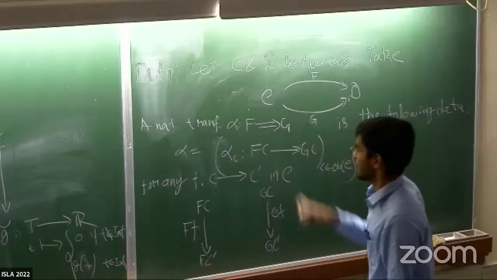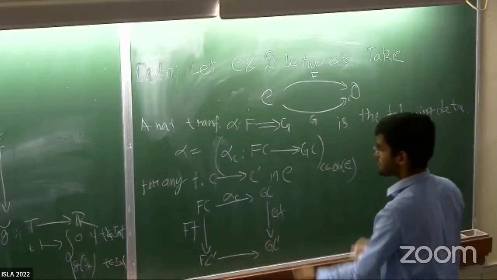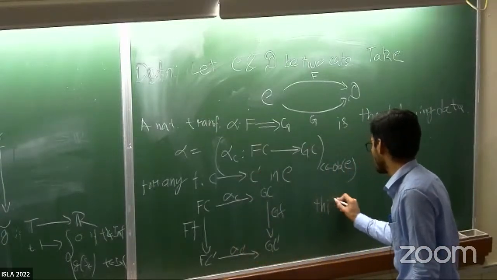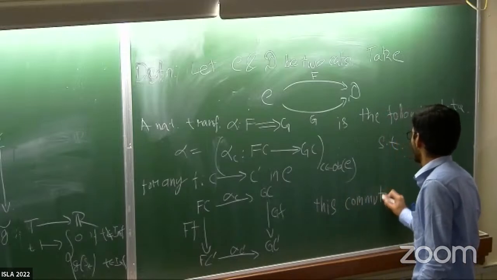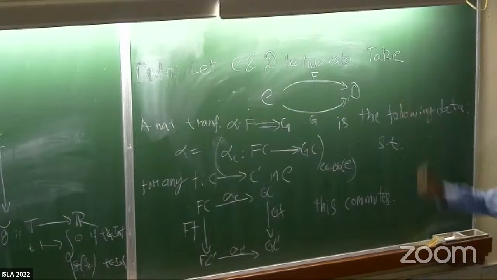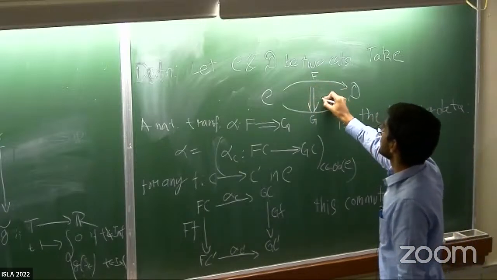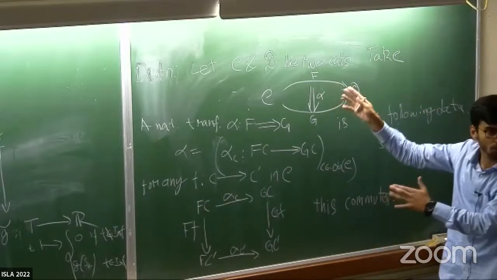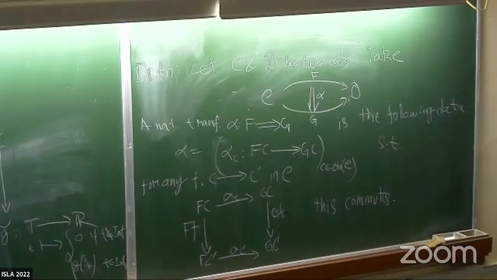FC to GC, that will be alpha C. And FC prime to GC prime, that will be alpha C prime. And this commutes. This is my condition. So this is a natural transformation between two functors, and we denote it by this, to denote that this is a notion of a morphism of functors.